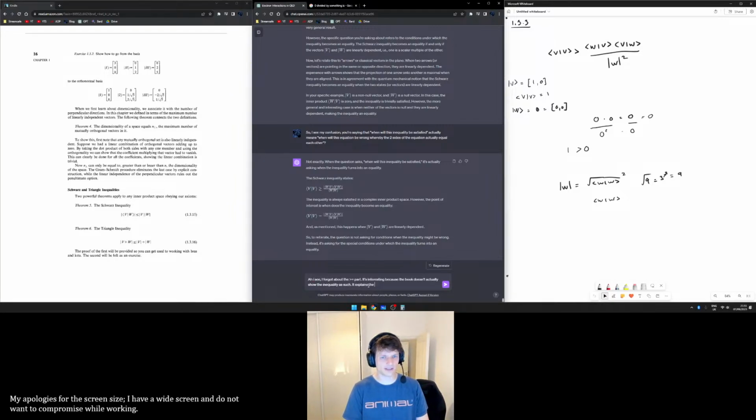It explains the Schwarz inequality as the magnitude of the inner product is less than or equal to the magnitude of V times the magnitude of W.